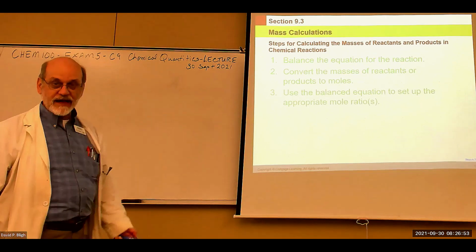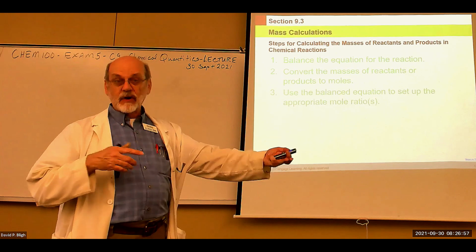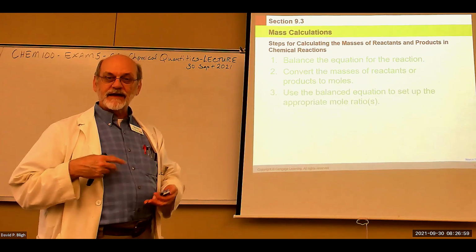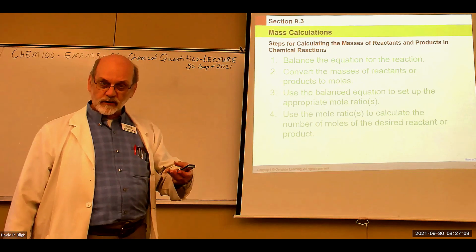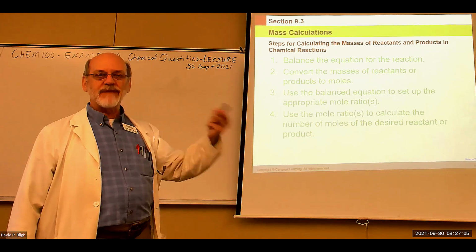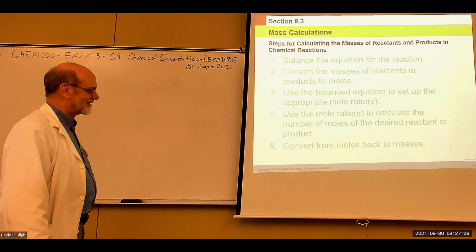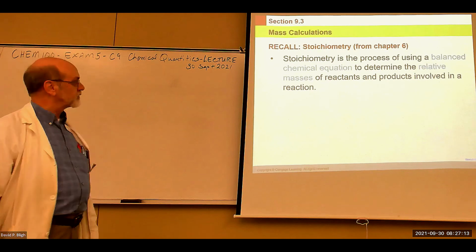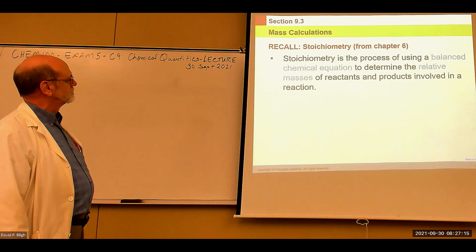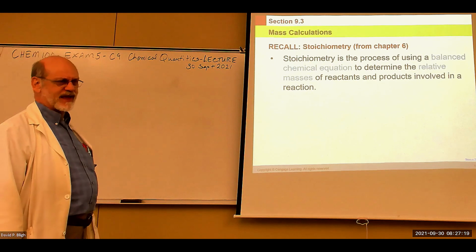Then you can use the balanced equation to find out the moles of product. Then to get mass, you take that calculated moles and convert it into mass of the product. Okay? That's known as stoichiometry. Oh, did we do that already? Chapter 6. We must have.